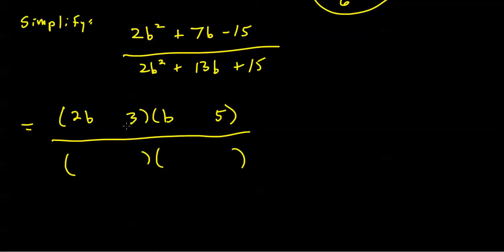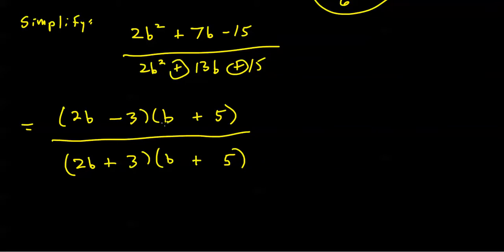If I take a plus 10b and minus 3b, I think that factors properly. And downstairs, 2b and b in the first slots. Both signs are positive here, which means both signs are going to be positive here. 2b, let's see, 15, 5 and 3. Oh, yes. 2b plus 3 times b plus 5 in the denominator.